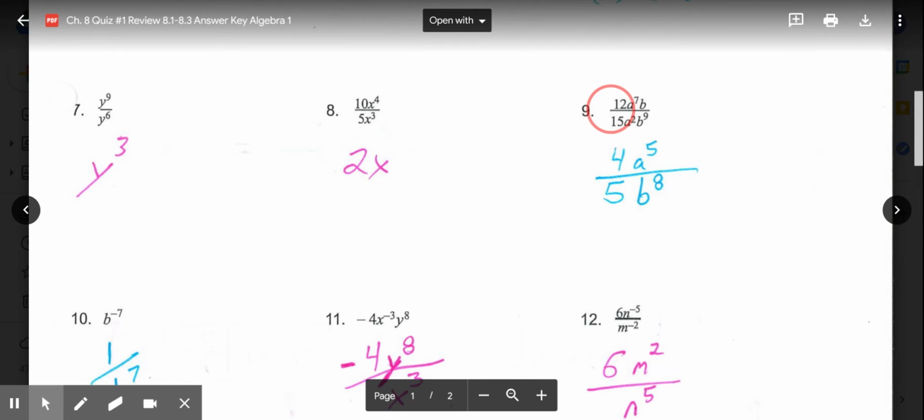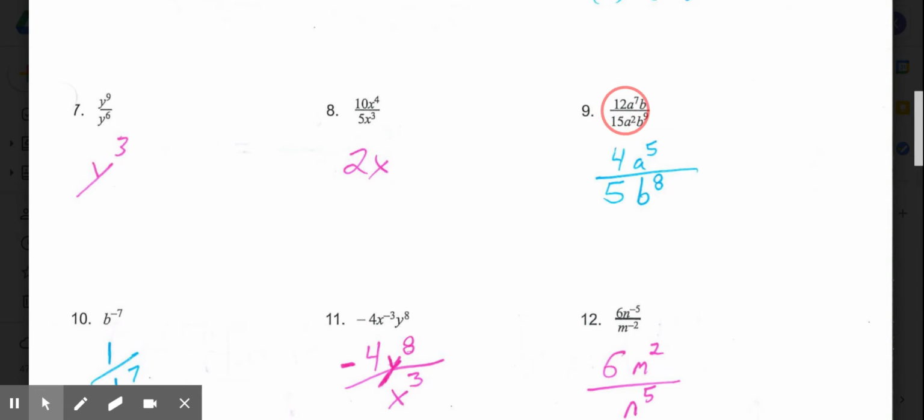And in 9, we want to first look at the 12 over 15 and see if we can simplify those two numbers. Both can be divided by 3, so that would simplify to 4 on top, 5 on bottom. Then we have a to the 7th over a squared.